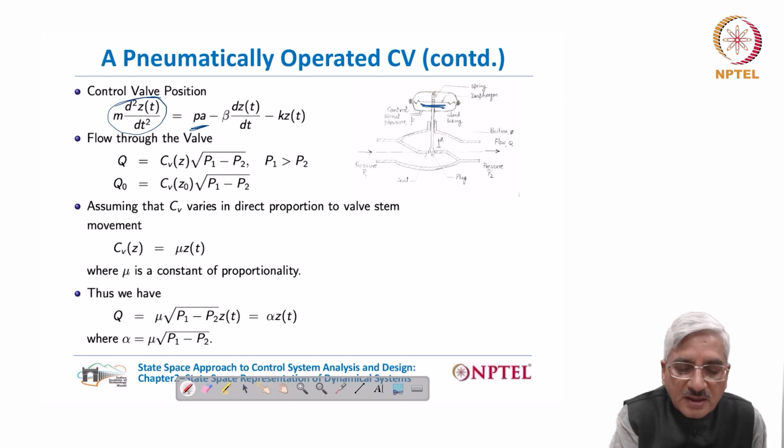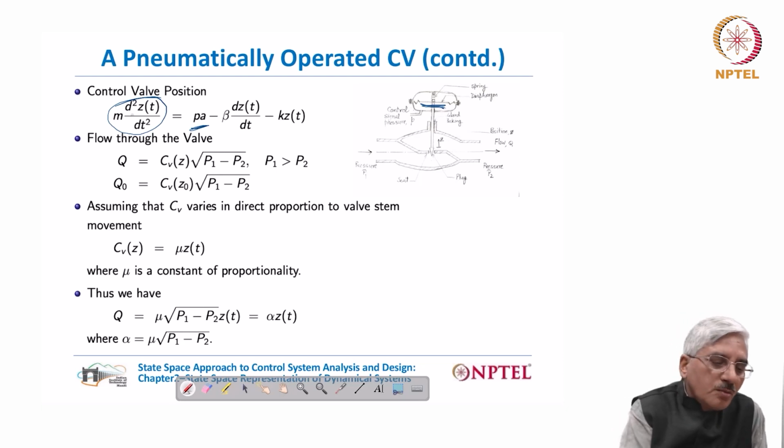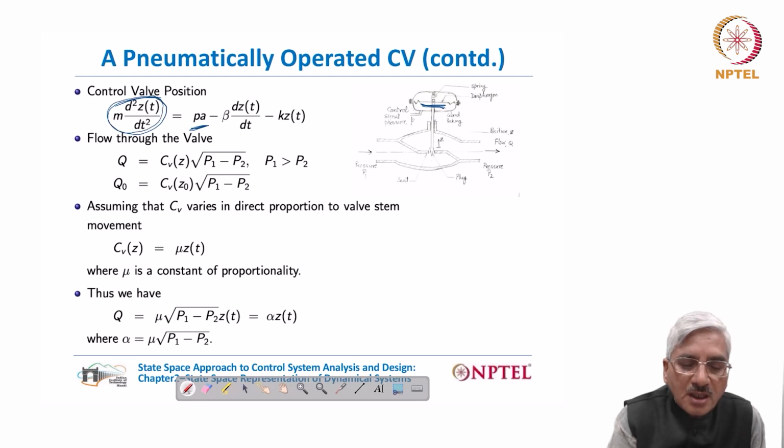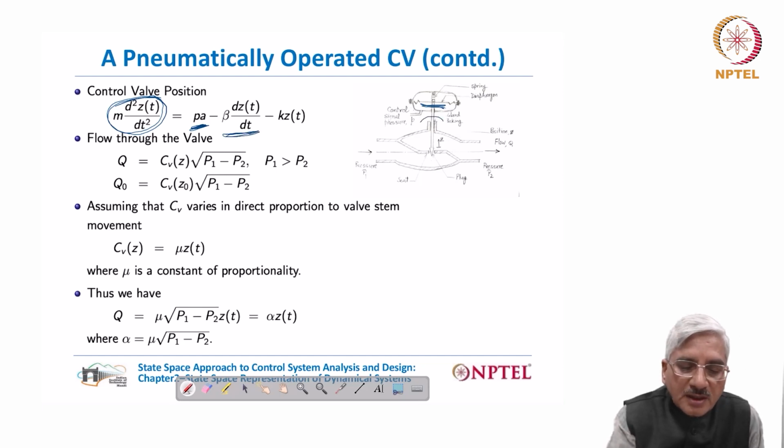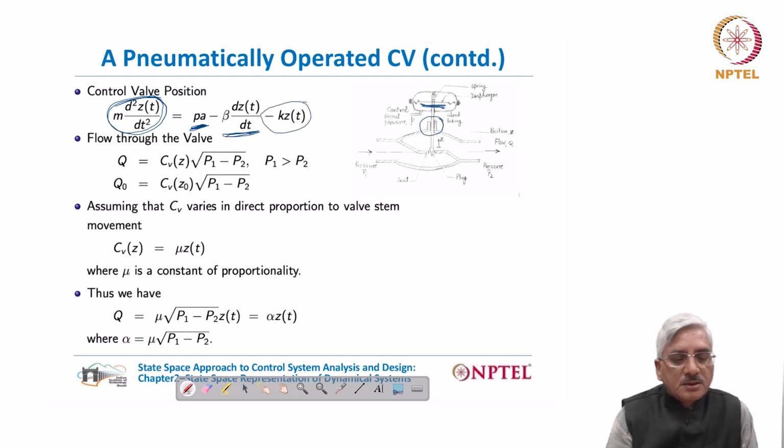If the valve position is Z, then dz by dt is velocity and d2z by dt square is acceleration. So mass into acceleration is the force due to inertia of that system. So mass into acceleration, that will be the applied force due to air pressure that results, minus the viscous force that comes from the gland friction here, minus the spring force.